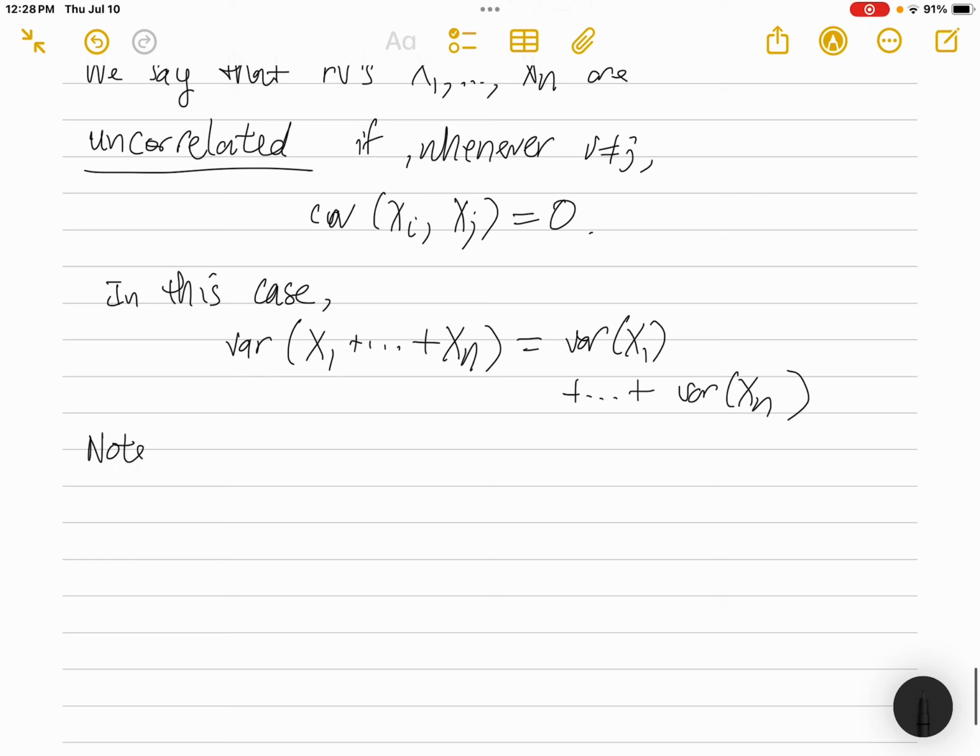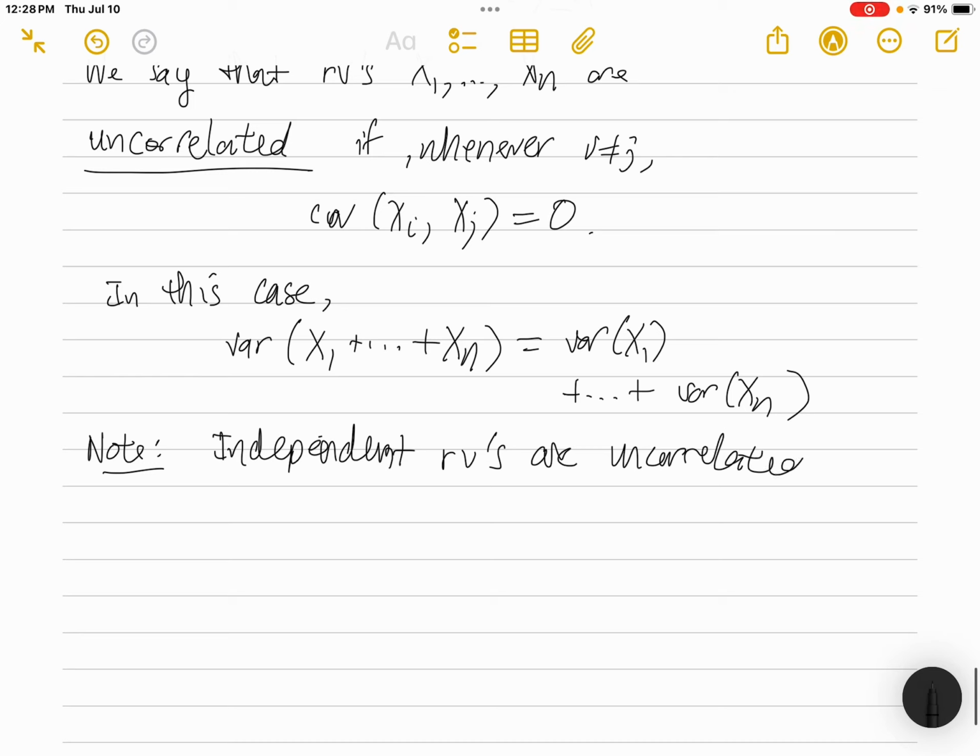Also, independent random variables are uncorrelated. Okay, why is that true?